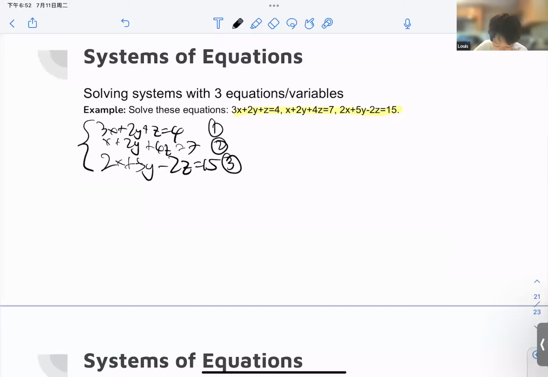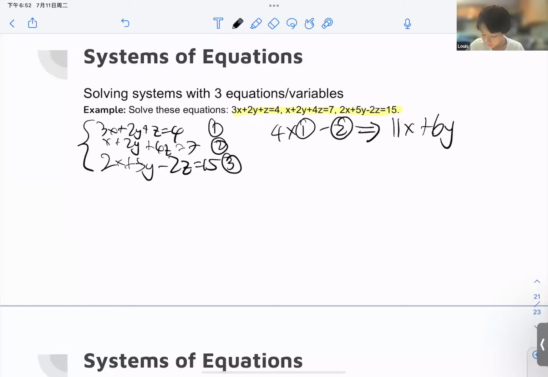Multiplying equation 1 by 4, then 4 times equation 1 minus equation 2 eliminates the variable z, and this gives us 11x plus 6y equals 9.